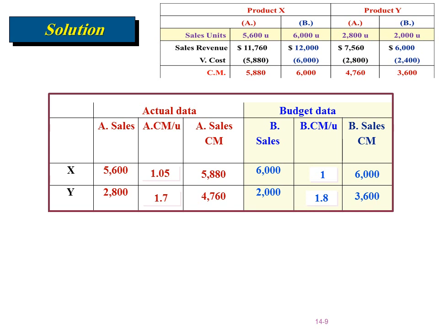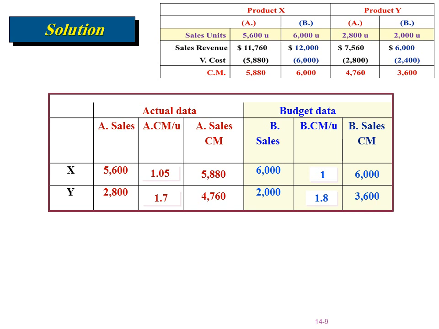Now I have everything inside my table. I have 3 pieces of information actually, and the same 3 pieces of information according to budget.